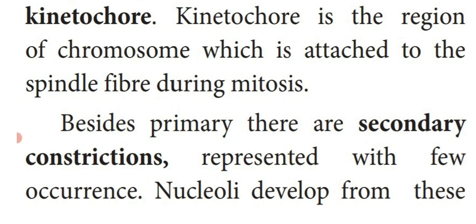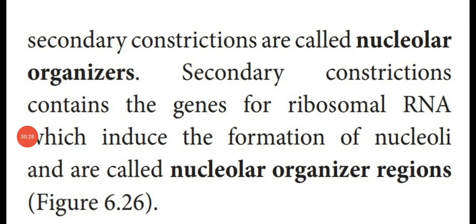The chromosomal region that produces the nucleolus is known as the secondary constriction, also called the nucleolar organizer. This secondary constriction contains genes and ribosomal RNA, that is rRNA, which stimulate the formation of nucleoli, and is called the nucleolar organizer region.